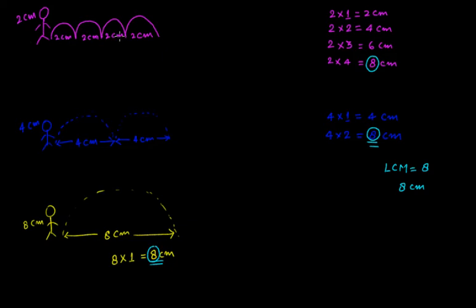This person in 4 steps, this person 2 steps, and this person just 1 step. This is the least common multiple of 2, 4, and 8. And therefore, this is telling us the minimum distance that all these 3 persons can cover using complete steps. Now, those who are getting confused about incomplete steps, let me explain like this.